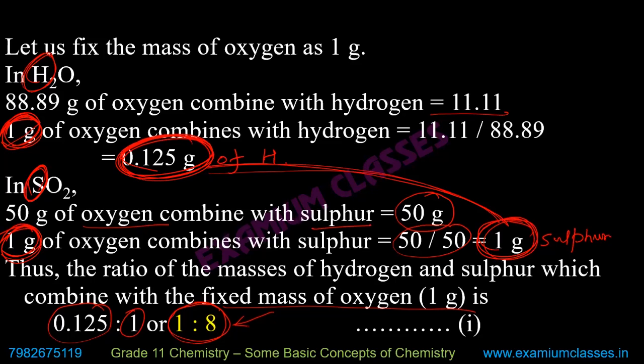I am repeating. The law of reciprocal proportions says that the ratio of the elements which combine with a fixed mass of another element, so the ratio of hydrogen and sulfur, will be a multiple of the ratio when they combine themselves, that is H2S.